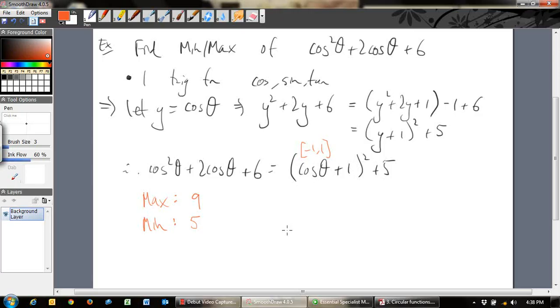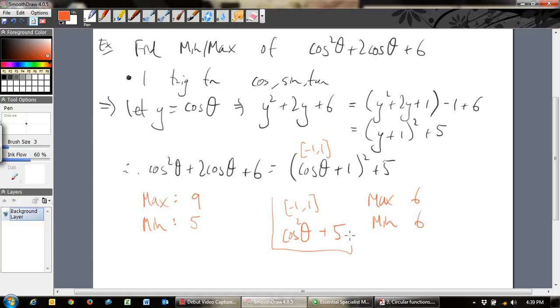Just another example would be cos squared theta plus 5. What are your maximum and minimum? If you jump to a conclusion, you go negative 1 to 1 for cos theta, so your max is 1 squared plus 5, which is 6, and your min with negative 1 is negative 1 squared plus 5, which is still 6.